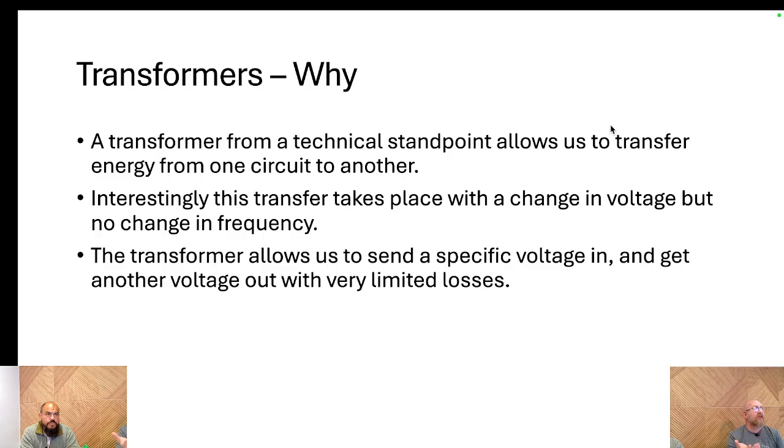And this transfer takes place with a change in voltage, but no change in frequency. The transformer allows us to send a specific voltage in and get another separate voltage out, which is really cool. And it does that very efficiently, with very little loss.